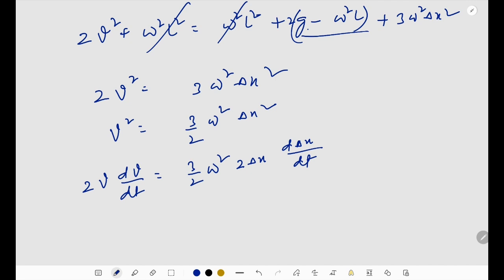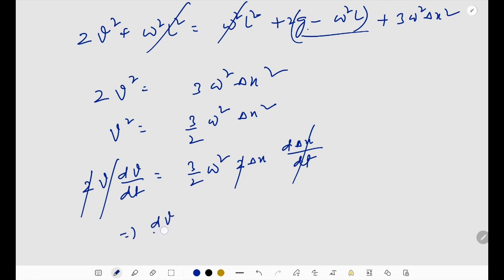Delta x is assumed to be a length only, so you can write here dv by dt is basically the second derivative of delta x.